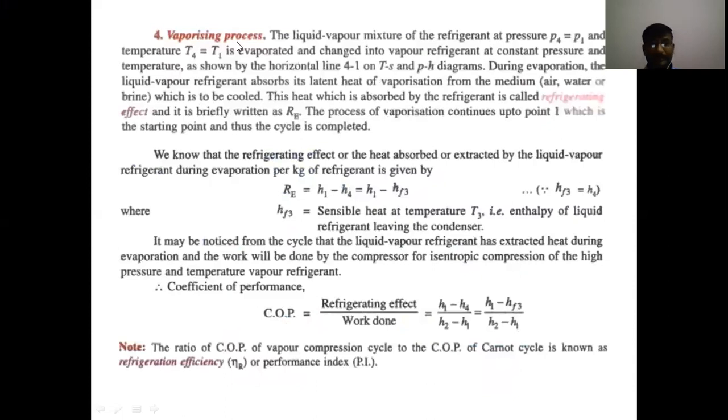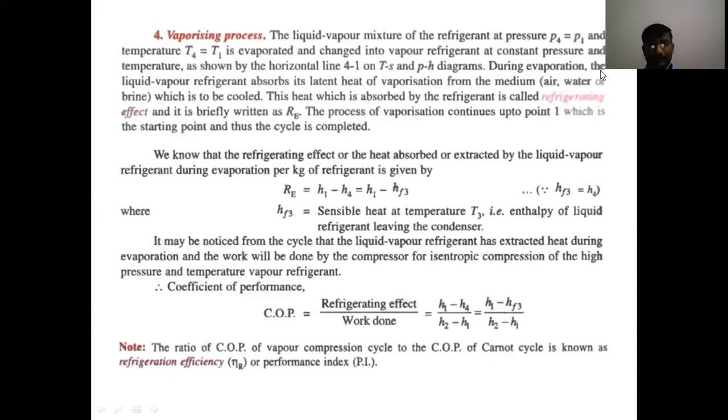Last is the vaporizing process, which occurs in the evaporator. The liquid vapor mixture of the refrigerant at pressure P4 or P1 and temperature T4 or T1 is evaporated and changed into vapor refrigerant at constant pressure and temperature, as shown by the horizontal line 4,1 on the TS and pH diagrams.